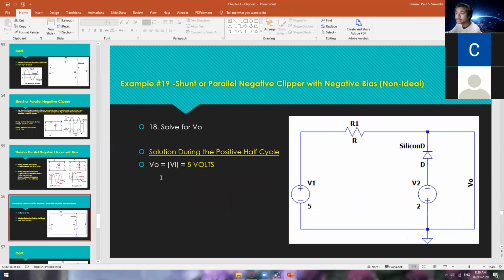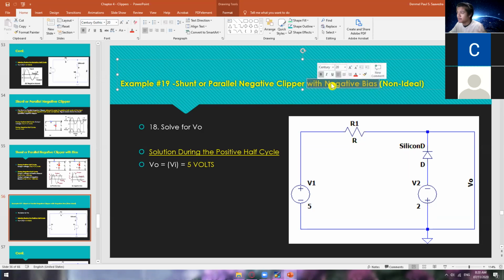All right. So let's have an example. So this one is an example of a shunt or parallel negative clipper with negative bias, which is an ideal diode. So I made it very short, wherein supposedly this one should be an ideal diode, and then we have another example for this one which is the same given number, but now we've considered the diode as non-ideal. But in here, I've only put one example, which is a negative bias already.